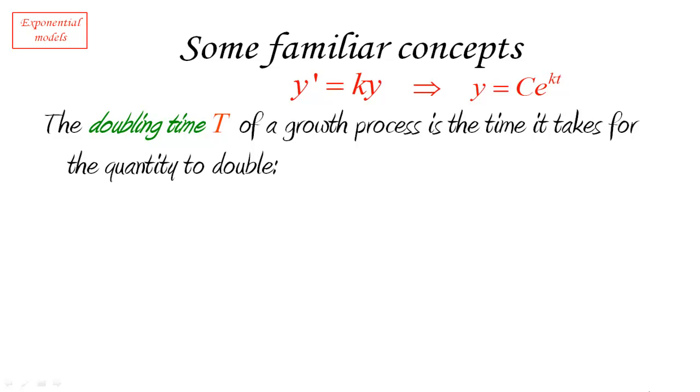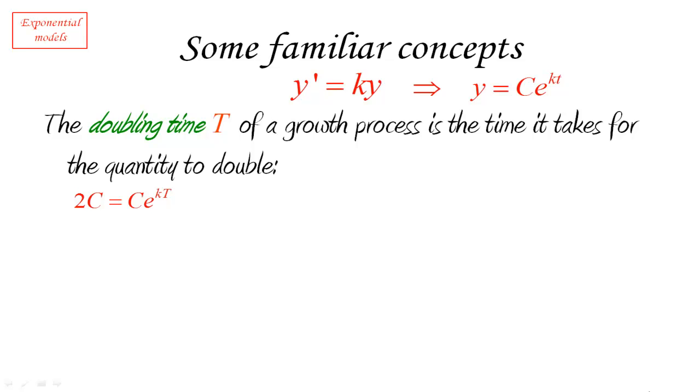Okay. So how much is that time? Well, remember, we're asking for the time it takes for the quantity to double. Remember that the initial amount of the substance is actually C. So we're asking how long does it take for us to grow this substance from C to twice C. Okay, so we're looking for this time, capital T, for which 2C is going to be equal to C e to the kT.